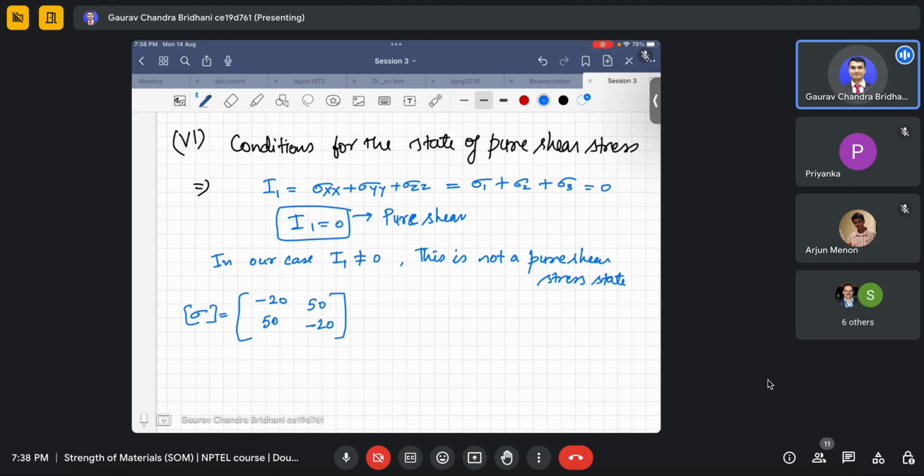If you find sigma 1 and sigma 2 for this case, because you know in 2D, sigma 1 and sigma 2 will have the same magnitude but opposite signs, since it's a pure shear state of stress. We drew the Mohr circle for the pure shear state last time, so one will be positive and another negative. That you have to just look through.